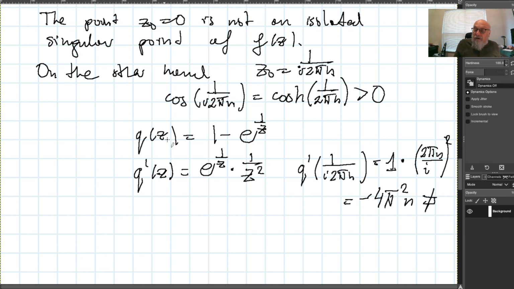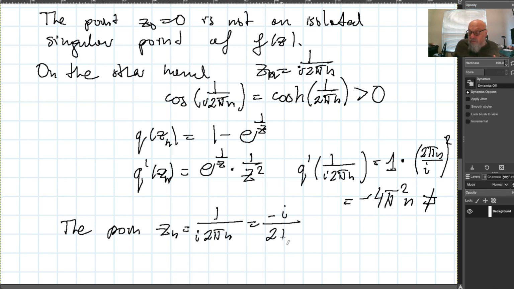We get that the point zn equal to 1 divided by i 2 pi n, which is exactly minus i divided by 2 pi n, is a simple pole.